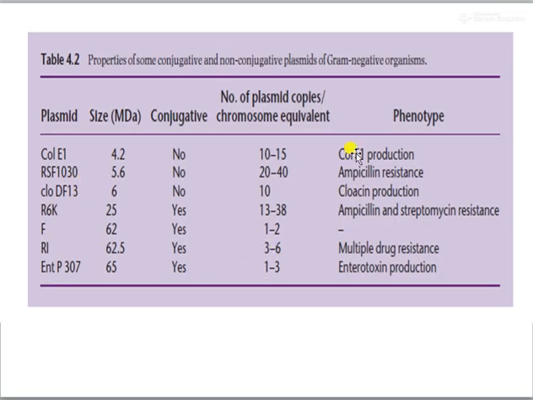Now, there are different types of plasmids which are naturally occurring, like ColE1 and R1 plasmid, and they code for different types of characters, as I mentioned earlier: multiple drug resistance, enterotoxin production, and all that.